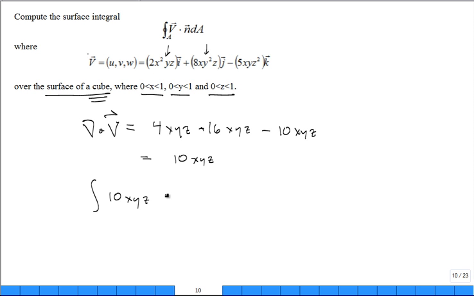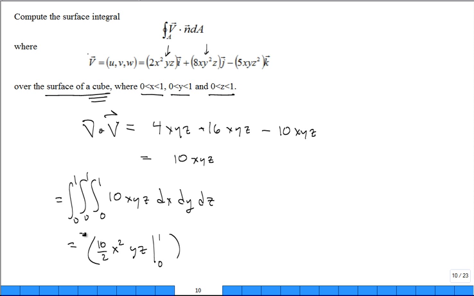And the dV is a dx running from 0 to 1, and a dy running from 0 to 1, and a dz running from 0 to 1. True for our cube? And so the answer is going to be, well, I get 10 divided by 2 x squared, and the y and the z go along for the ride for the first integral, and then integral 0 to 1, 0 to 1, dy dz.